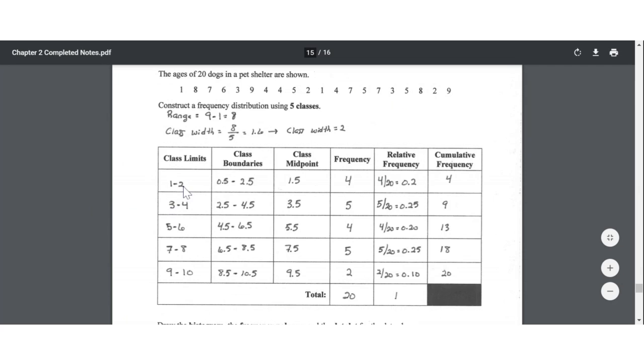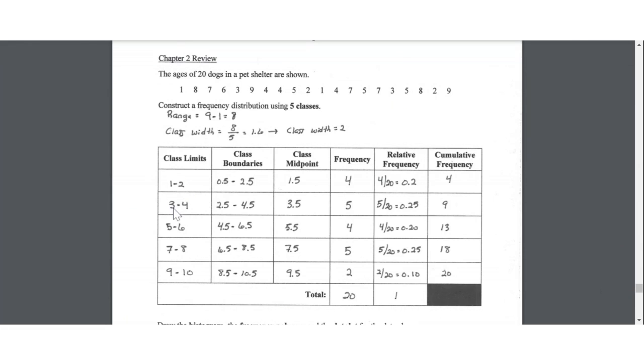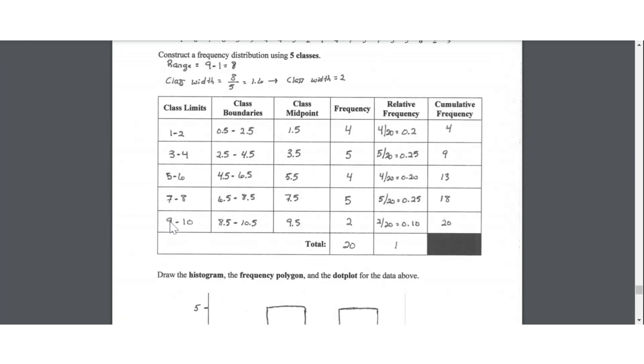And we keep doing that all the way to 10. So we have 3 plus 2 is 5, minus 1 is 4. 5 plus 2 is 7, minus 1 is 6, and 7 plus 2 is 9, minus 1 is 8. 9 plus 2 is 11, minus 1 will give you the upper limit of 10.